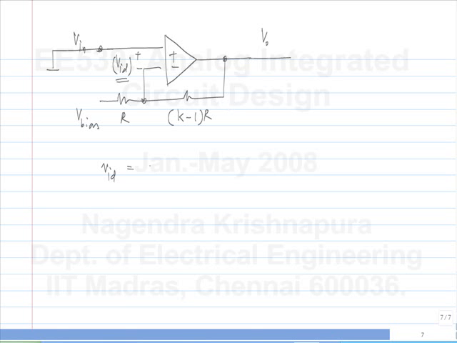So VID is minus V0 by K plus V bias. That's it. Is this correct? So we have VID equal to this one. So what will be the quiescent output voltage V0?